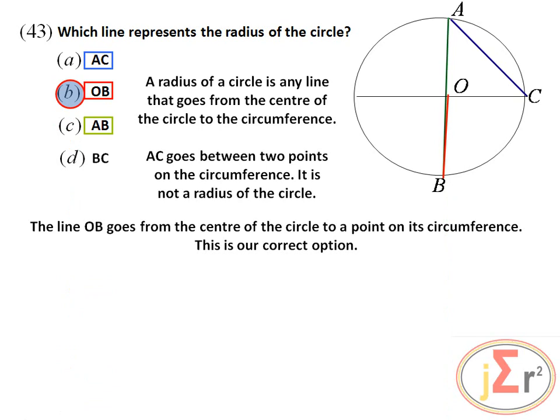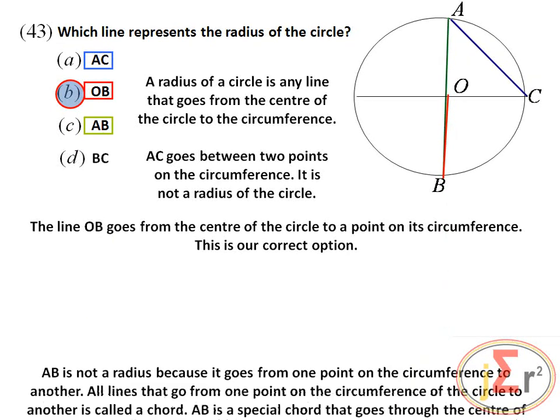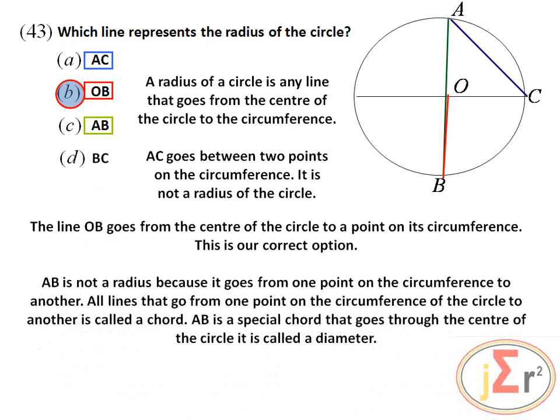We are going to take a look at the other options. AB, the line goes from A all the way to B. AB is not a radius because it goes from one point on the circumference to another point on the circumference. A line that goes from one point on the circumference to another point on the circumference is called a chord.